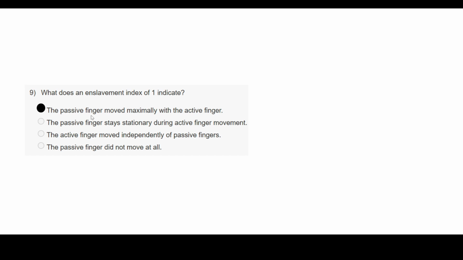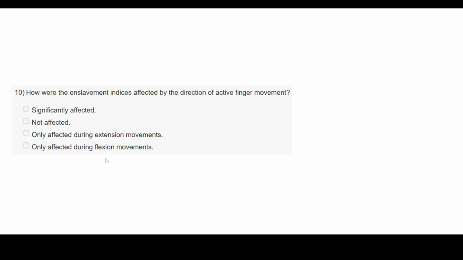It's the first: the passive fingers moved maximally with the active finger. If the enslavement index is 0, then the passive finger essentially stays stationary during the active finger movement.